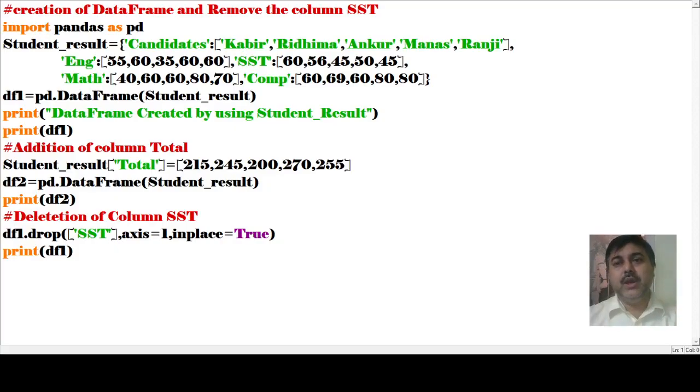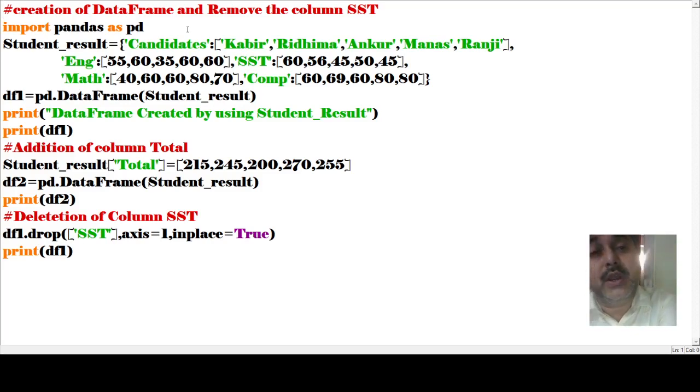Now see here in this program, we have created a data frame and we will remove a column from there. When we create a data frame, add a column and delete a column, how do we do it? See here, at first we import pandas as pd.